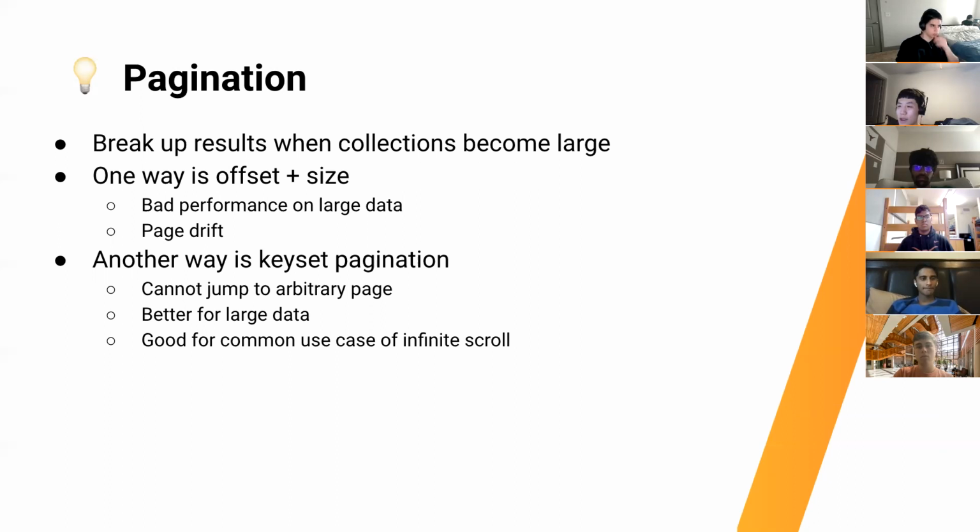The other thing is page drift. Say, for example, you got the 10 most recent posts, and while you were using those 10 posts, someone made a new post. When you get the next page, the first entry in the second page would be a duplicate of the last entry in your first page.